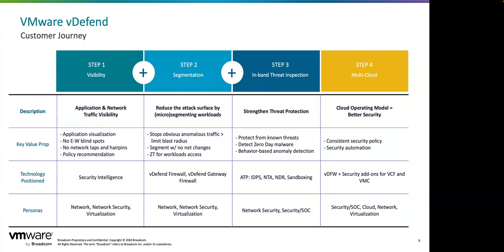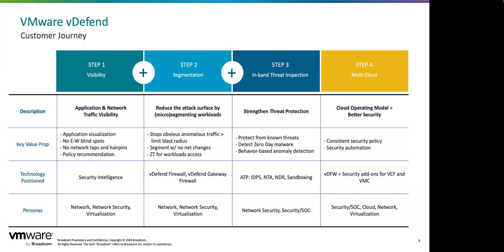So what you should take away from this particular slide is a few things. Number one, there is no one correct way to deploy. As an organization, you might feel like you want to start in step two and just get some quick, easy wins against the malicious use of common protocols.